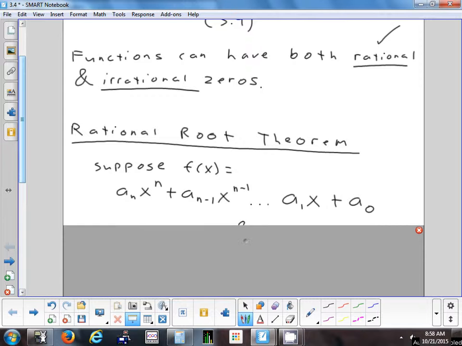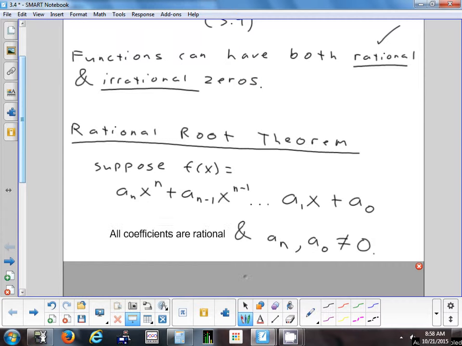All right, so suppose we just had a polynomial. That's just the general form of a polynomial, like 4x cubed minus 8x squared plus 6x plus 7. Just some polynomial. All the coefficients, all the numbers in front of x, they all have to be rational.